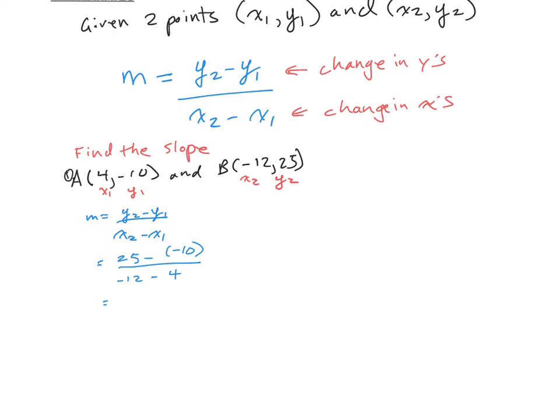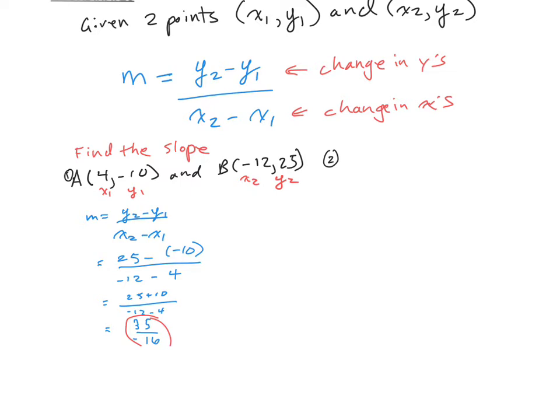Simplifying the top, you get 25 plus 10 divided by -12 minus 4, which simplifies to 35 over -16. And that is our answer for the slope.